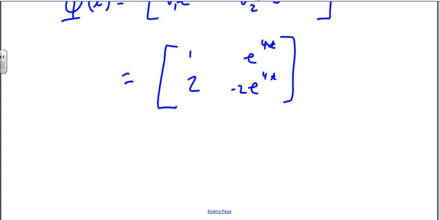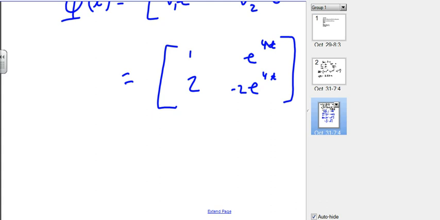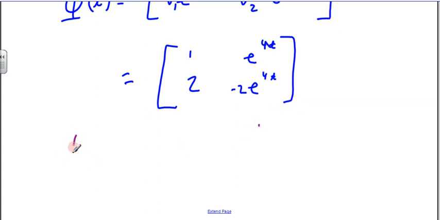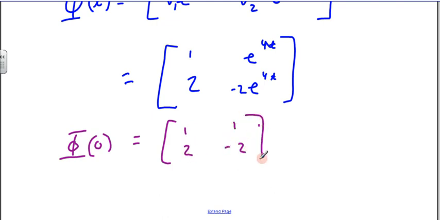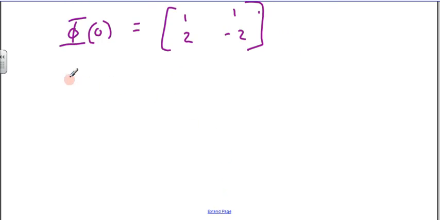Now I'm going to look at iota at 0, and that's going to be [1, 1; 2, minus 2]. And now I'm going to find the inverse of iota 0.